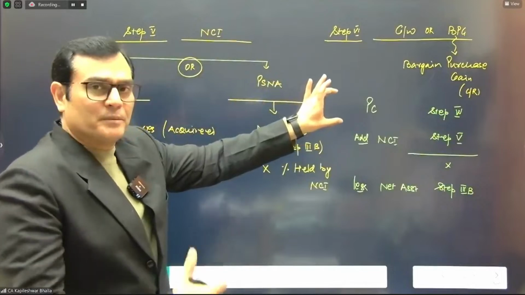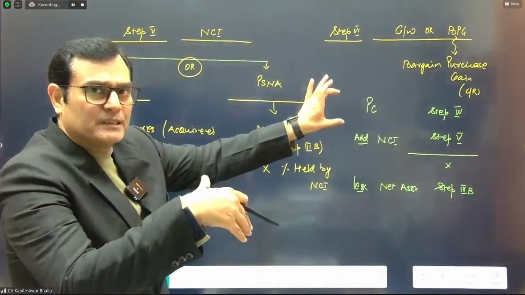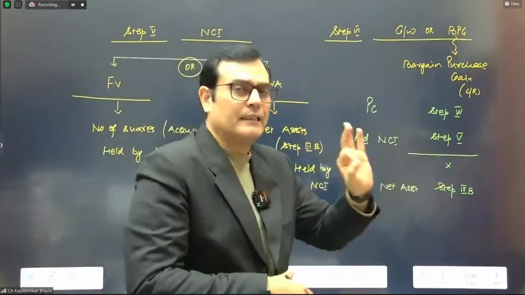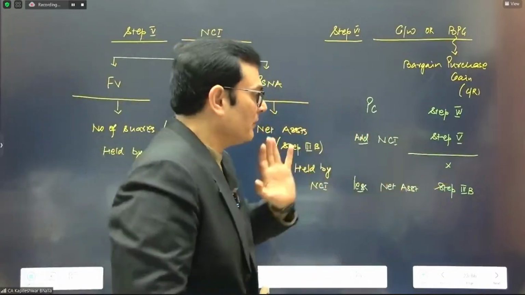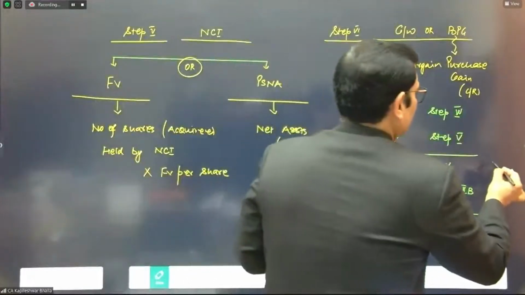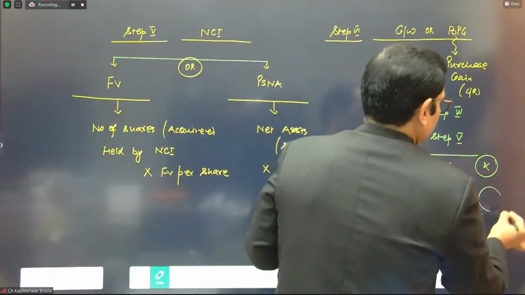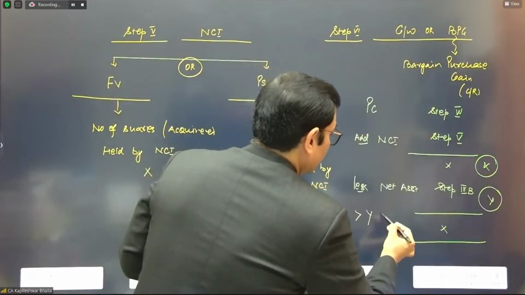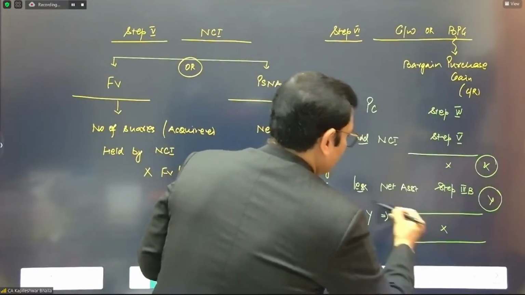The PC represents, for example, 70%, including PHI. NCI is 30%, so this is like 100%. Compare it with the net assets and you get the difference. So let's say I take this as X and this as Y. If X is greater than Y, you're going to get a difference as goodwill.